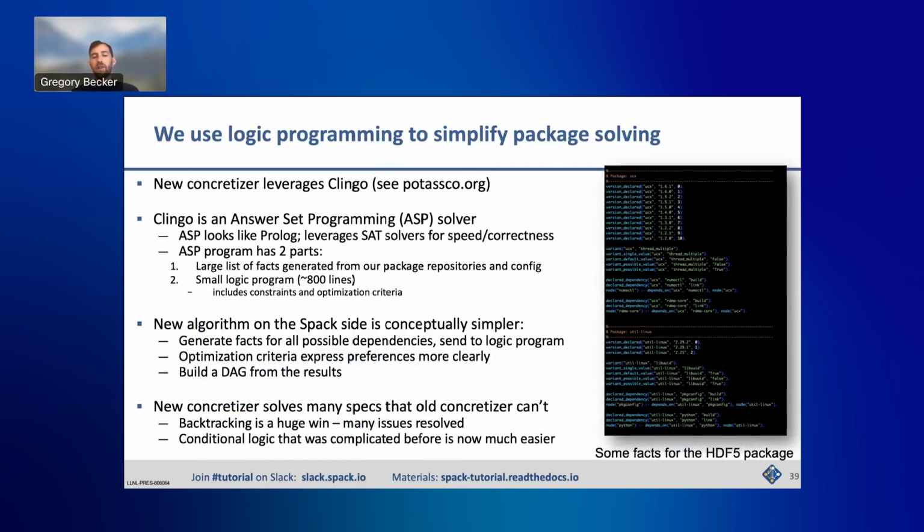And the program has two parts. There's a small program that is the solver, and there's a lot of generated facts that we emit at solve time that are then resolved by Clingo into a single spec.